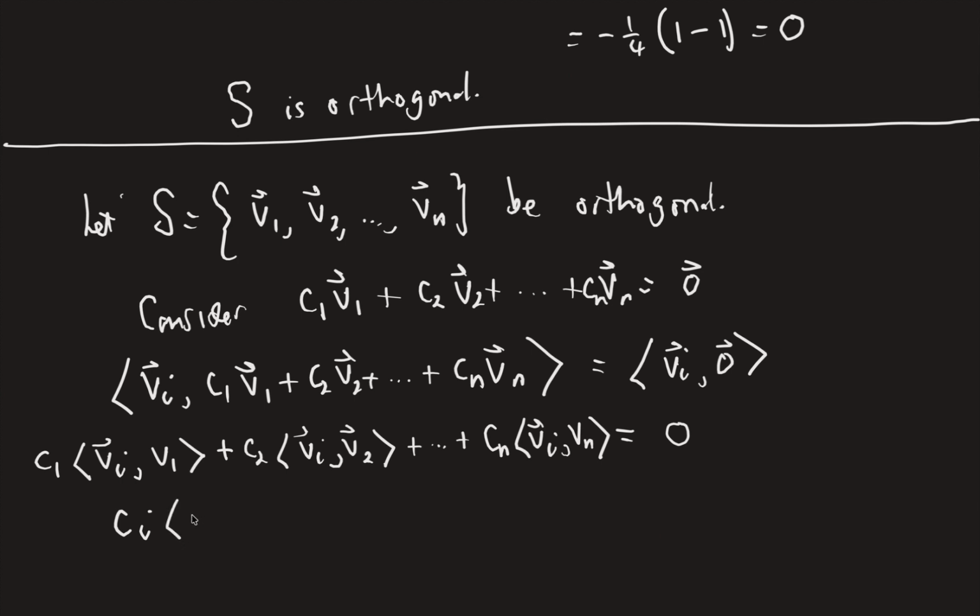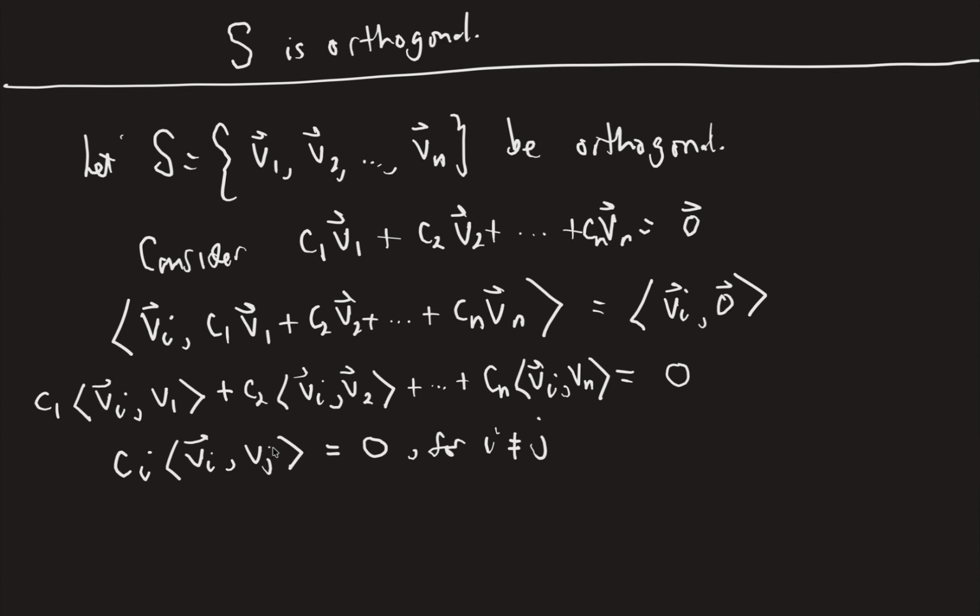So this term, the inner product of Vi and Vj, has to be equal to 0 except when i is equal to j. When i is not equal to j, the inner product is 0, and that's because the set is orthogonal. So all it means is there's going to be one term left on this side that's not 0.